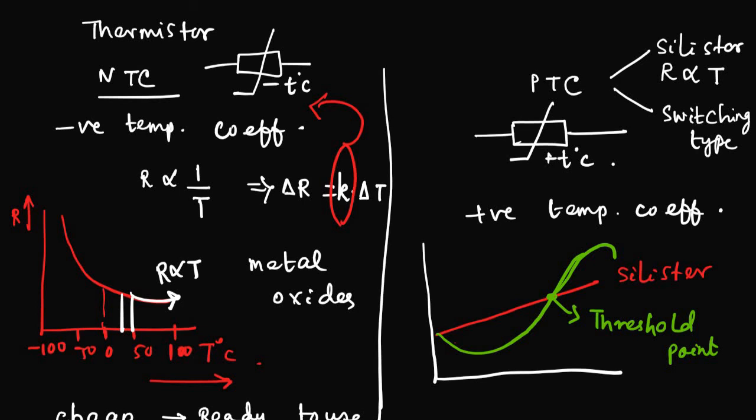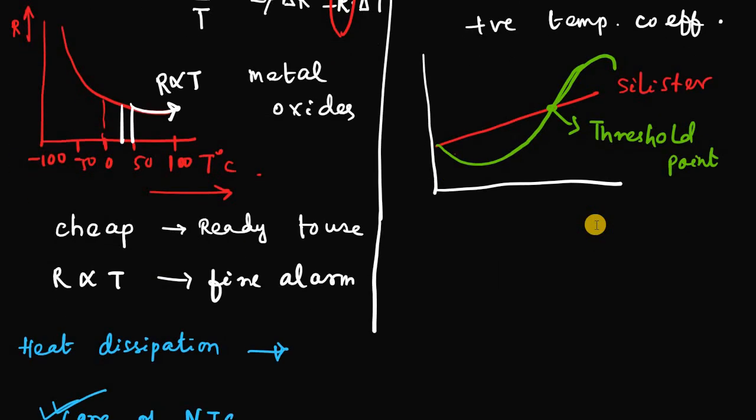Let me show you so that you will easily understand what is happening with the resistor and with the switching type. The green one is the switching type. The graph is always the same. Here you are taking the independent variable, that is temperature, and here you are taking the resistance.